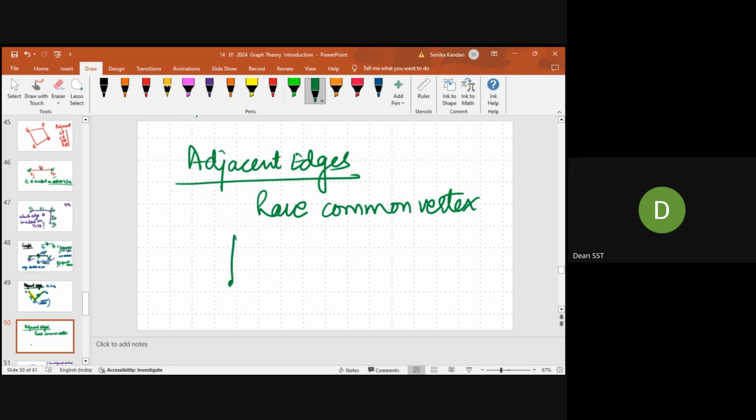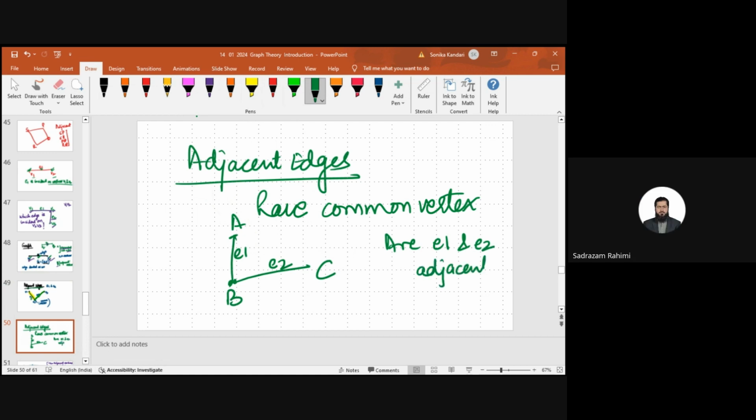For example, A, B, C. Now see E1, E2. Are E1 and E2 adjacent edges? Yes, ma'am, because B is a common vertex.